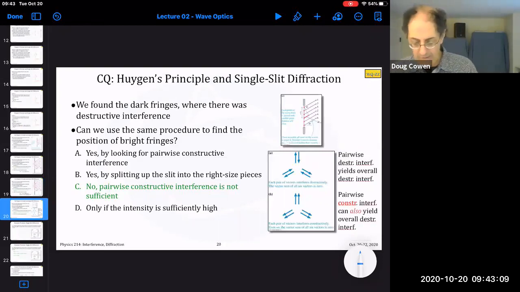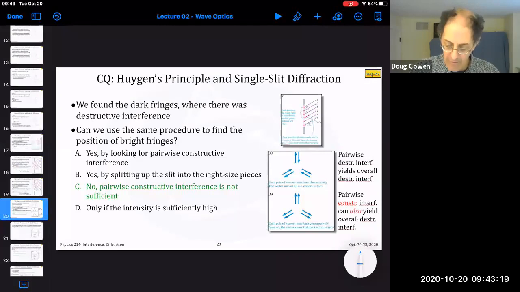So another way of looking at this is with vectors, and that's shown in this lower right-hand diagram. In the first case where we get pairwise destructive interference, each pair of vectors cancels with one another.